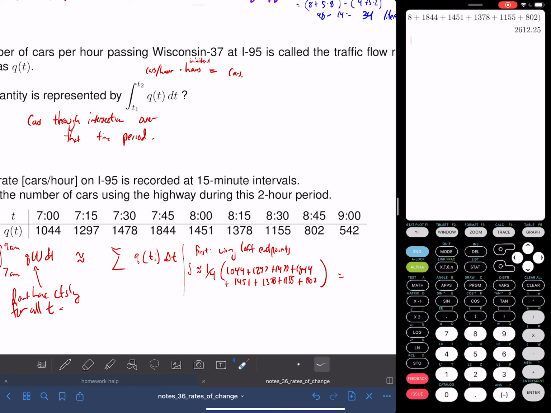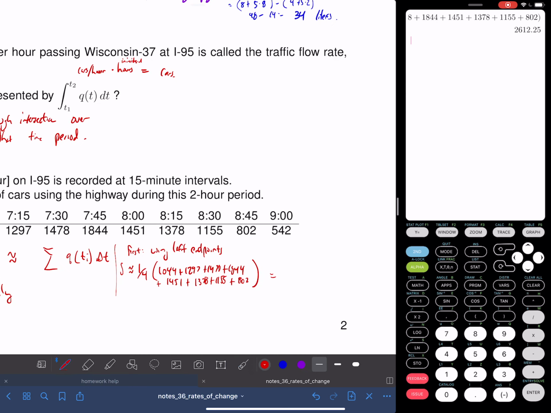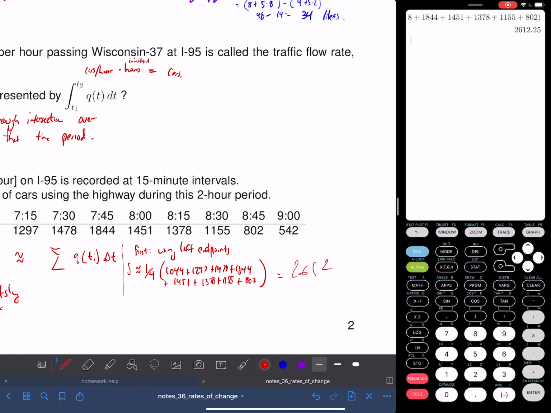So if we think about it, for this block right here, the average flow rate looks like it was maybe about 1,300 or 1,400, and then the flow rate over this was maybe like 1,200, and that totals together to give us about 2612. Yeah, okay, this seems pretty reasonable. Of course, it's 2612.25. I didn't do anything wrong. This is exactly what we were supposed to get.